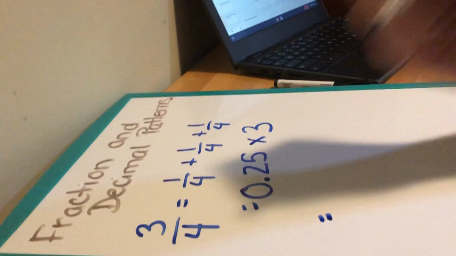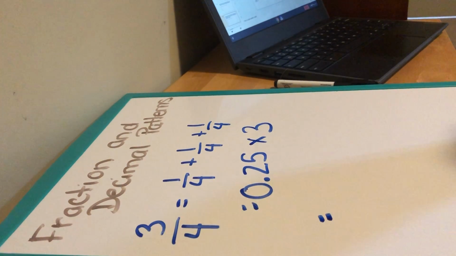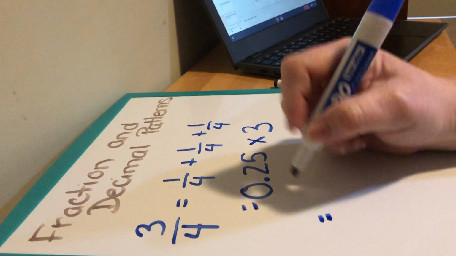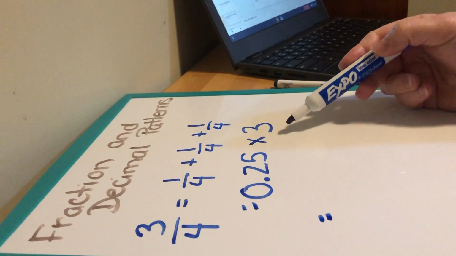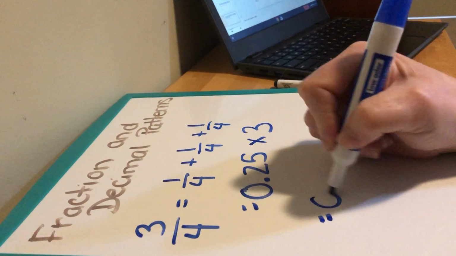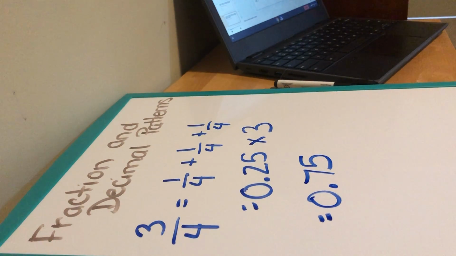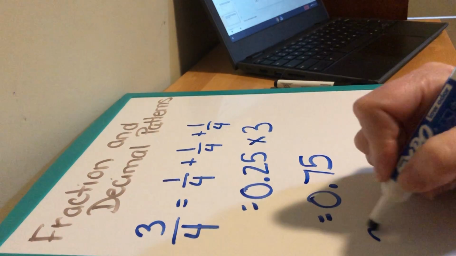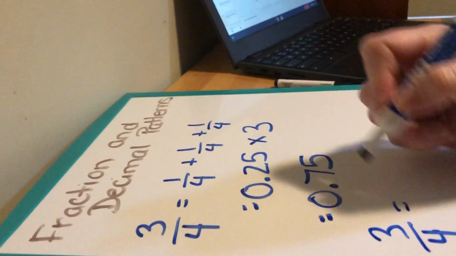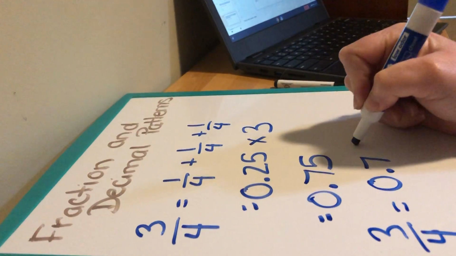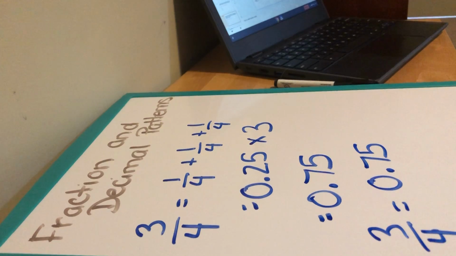And if I use my calculator, or I can do the stack and multiply, I know that 3 times 0.25 is 0.75. That tells me that 3/4 is the decimal equivalent of 0.75.